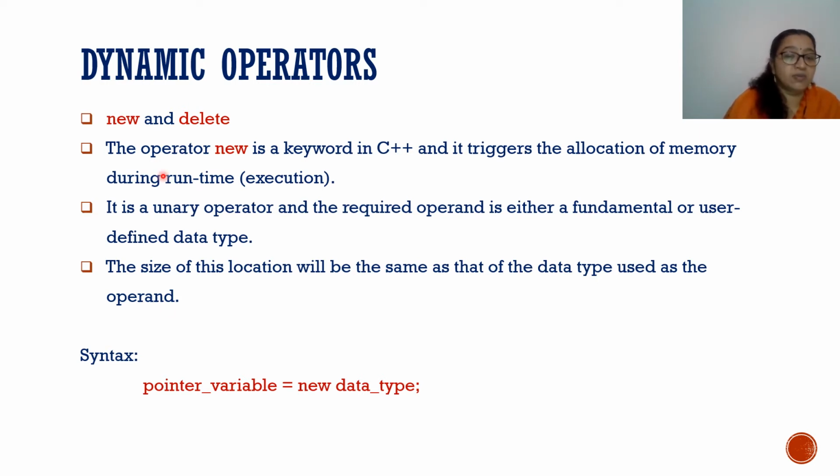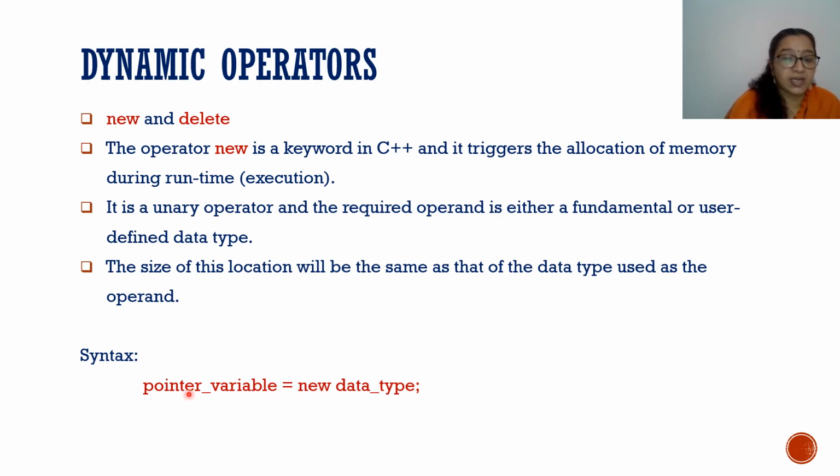Clear? So once more, new and delete are the two operators used for this. Through new we can allocate memory at the execution time. Through which statement? This is the statement used for this: the pointer variable is equal to new and the data type.